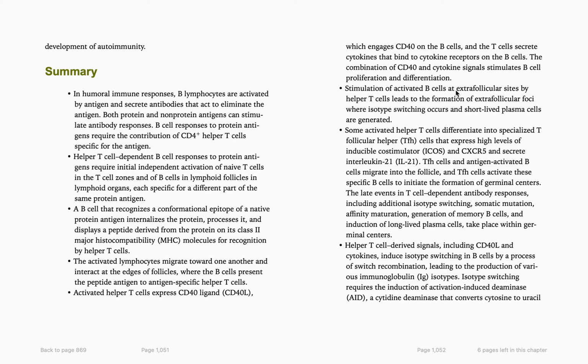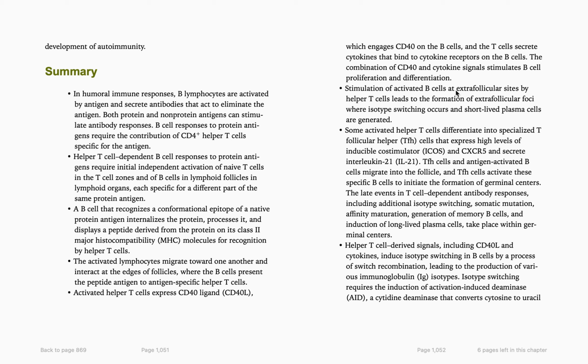Stimulation of activated B cells at extrafollicular sites by helper T cells leads to the formation of extrafollicular foci where isotype switching occurs and short-lived plasma cells are generated.